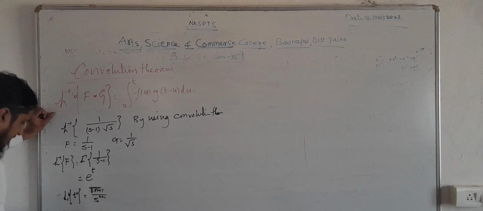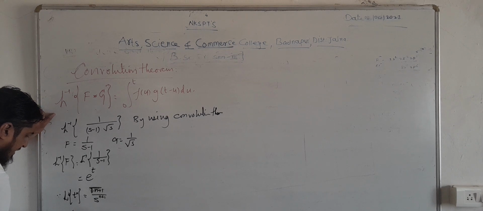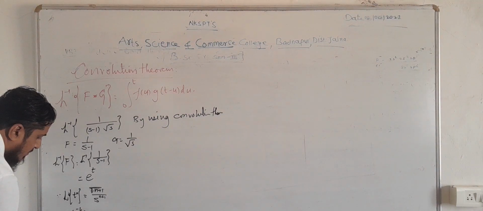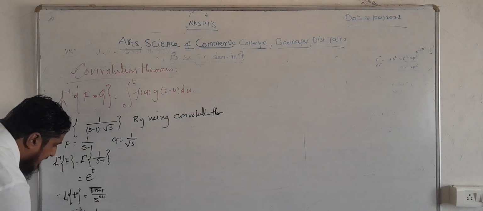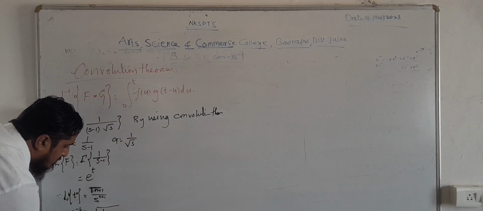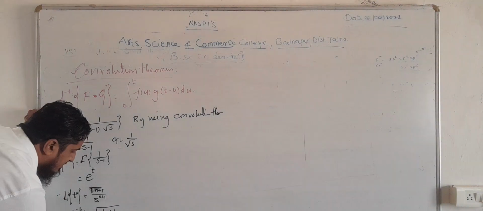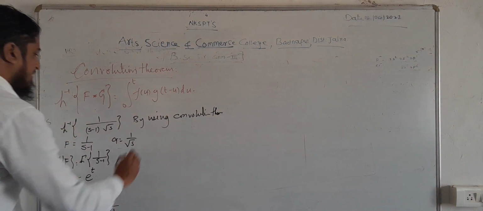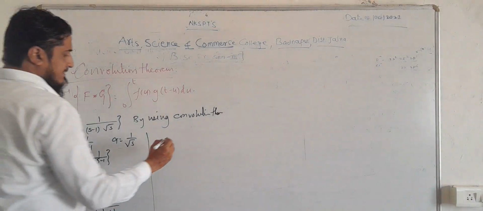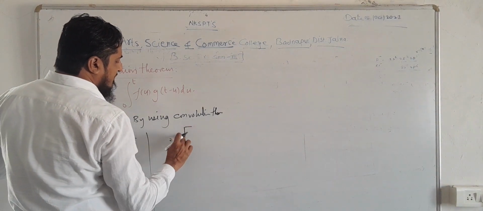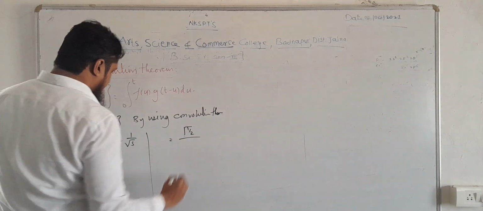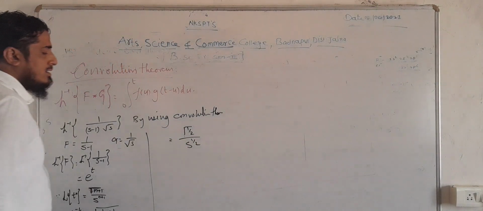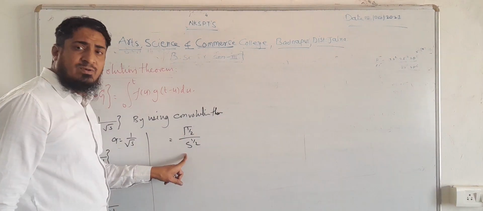Similarly, if we have to calculate the Laplace transform of t raised to minus 1 by 2, we will get gamma of minus 1 by 2 plus 1 upon s raised to minus 1 by 2 plus 1, which will give us gamma of 1 by 2 upon s raised to 1 by 2.